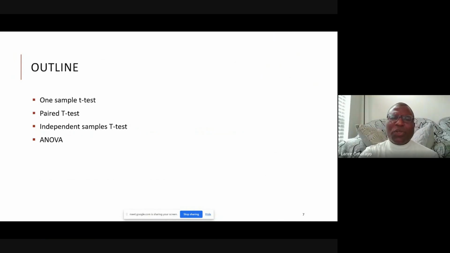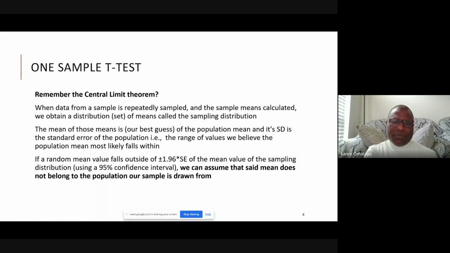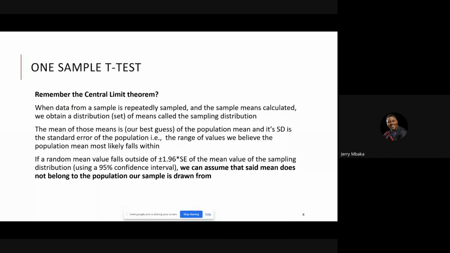So now we're going to go to different kinds of tests. But before we go on to that, do people have any questions on mean or measures of central tendency? Sorry, I just wanted to ask a question.